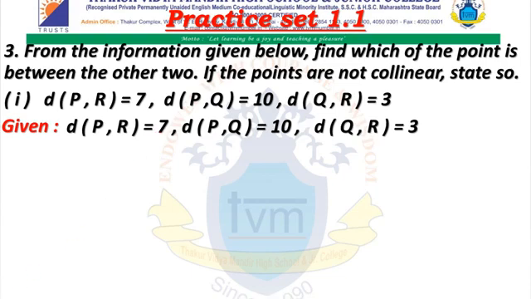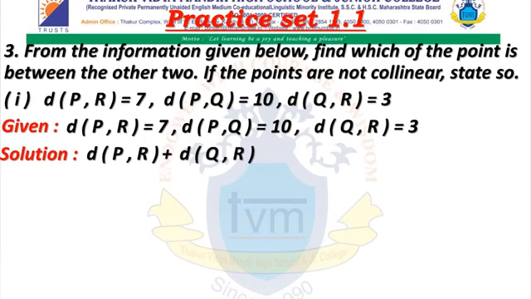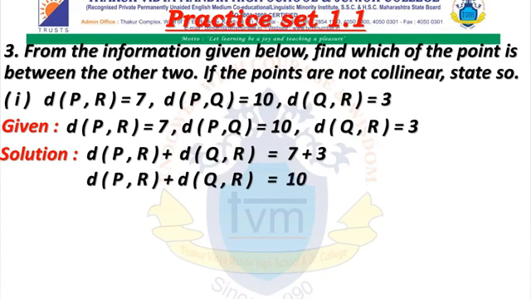So let's see. We'll add distance PR with distance QR. We will get 7 plus 3. Therefore distance PR plus distance QR equals 10. We'll consider this as equation number 1. Now here the remaining distance is 10, that is PQ is 10. We'll take this as equation number 2. Now let's look at equations 1 and 2.